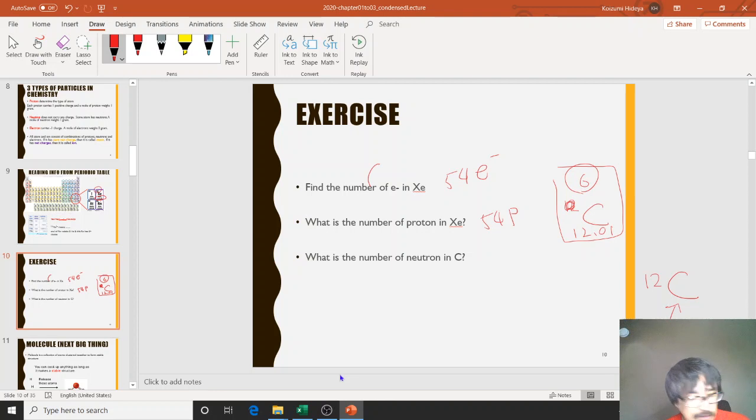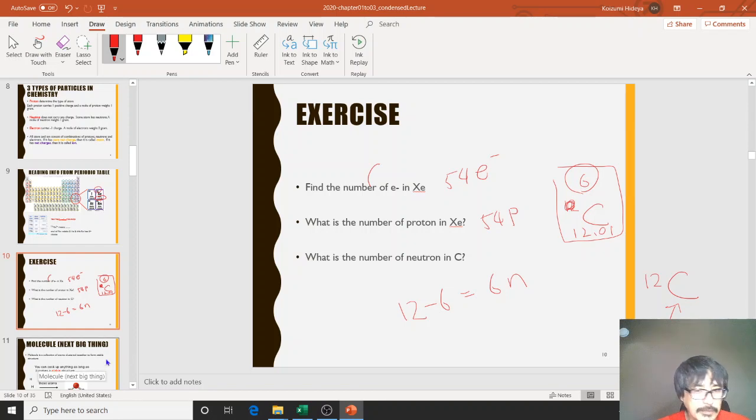We don't care about the number of electrons, because they don't weigh a thing, right? So 12 minus 6, the total mass minus the mass of the protons, is going to give us the mass of the neutrons, which is 6. So 6 neutrons right here.